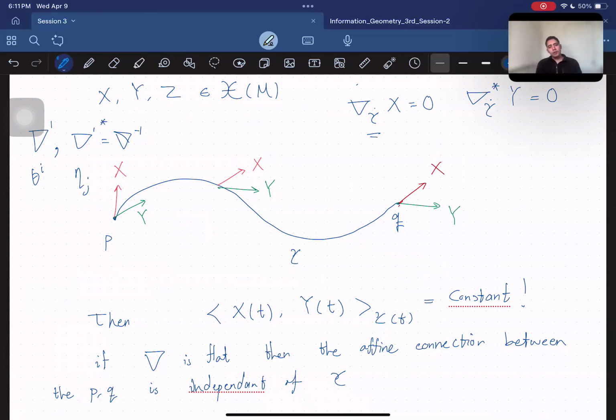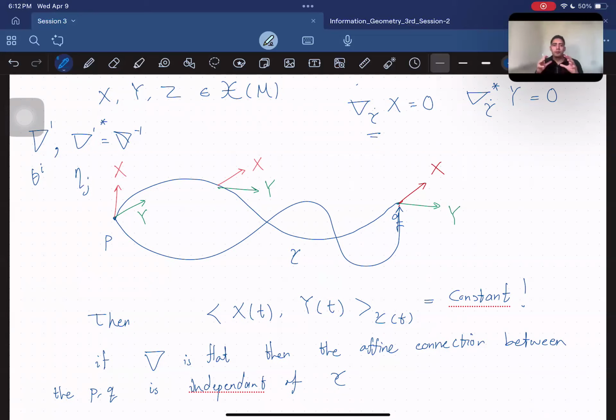And also, we found out that both connections give rise to flat structures. And flat structures means that if I take any other curve, the vectors attached to the points would behave the same. So no matter what curve I take, the inner product would be the same.